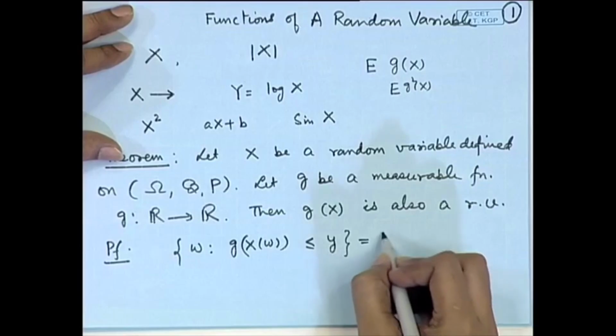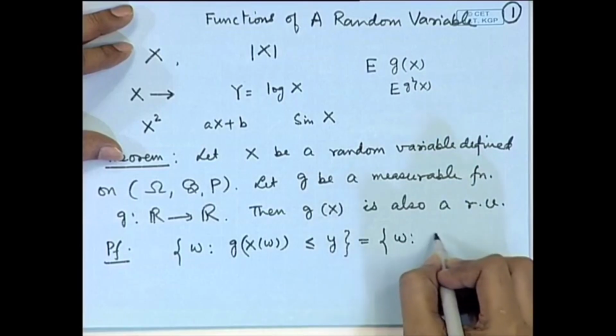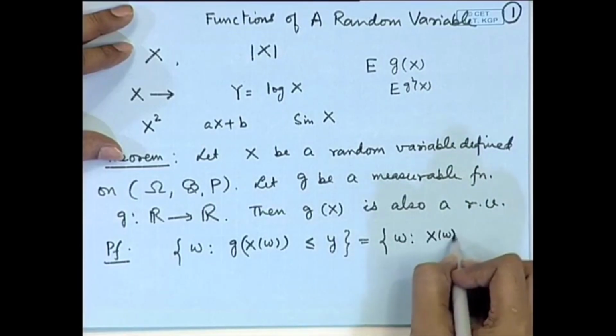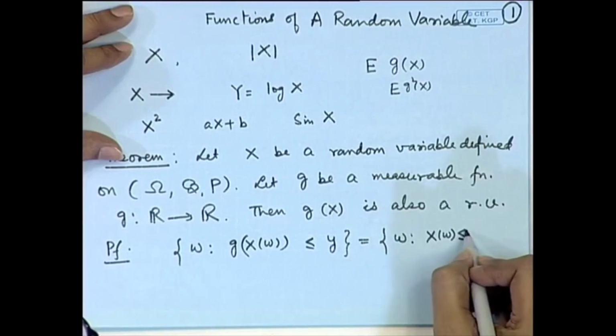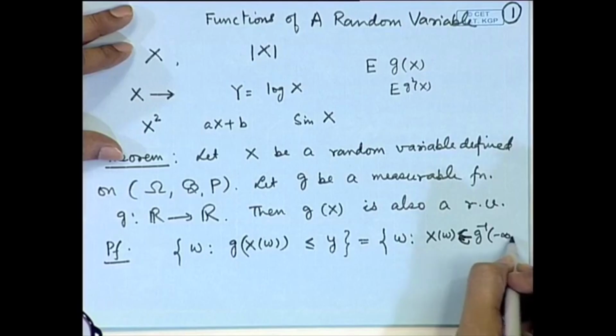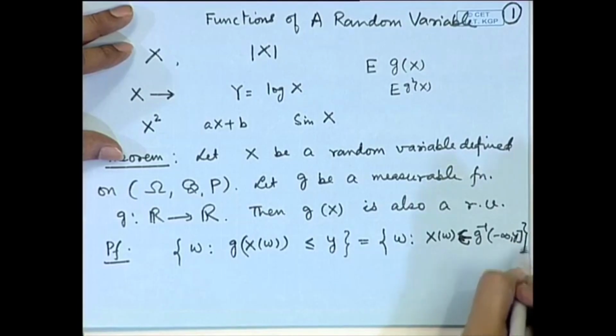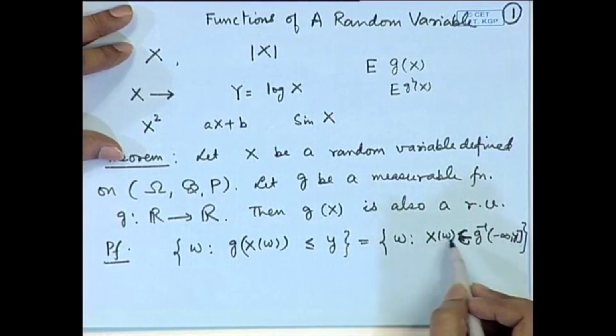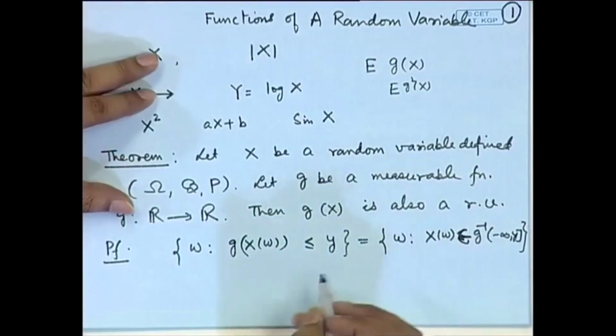Now, this is the set of omega such that X(omega) belongs to g inverse of minus infinity to y. Now, if g is a measurable function, then g inverse of minus infinity to y is a measurable set, and therefore, X(omega) belonging to that is also a measurable set, since X is a random variable.